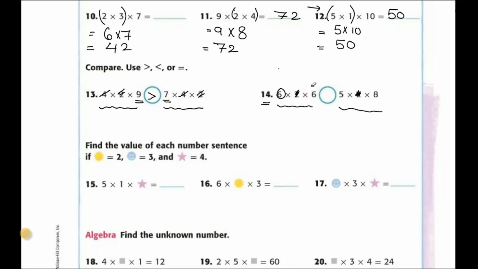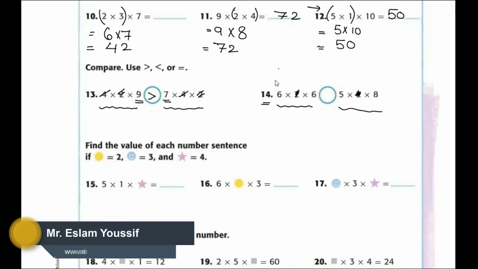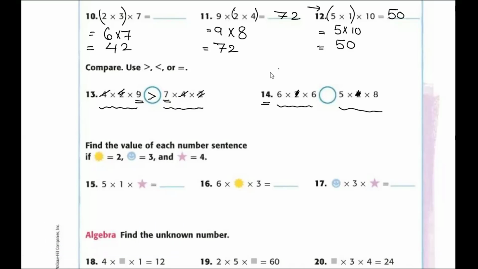Multiply them together. 6 times 6? There is no way, you have to memorize the timetable for this one. Muhammad Yahya?